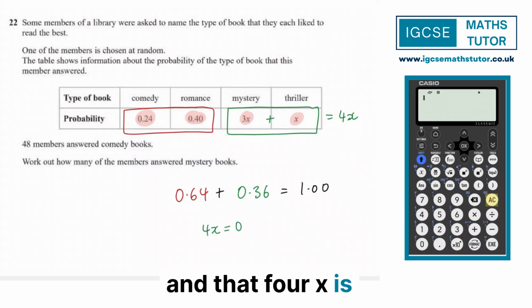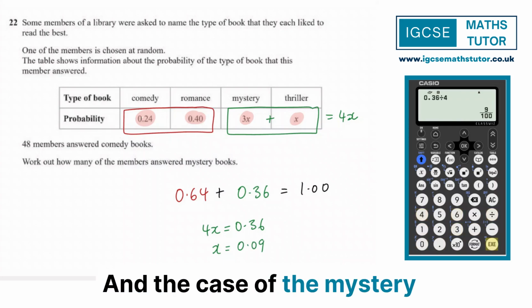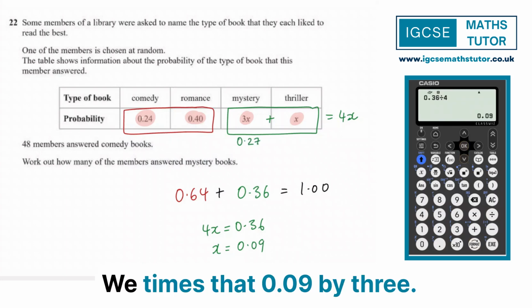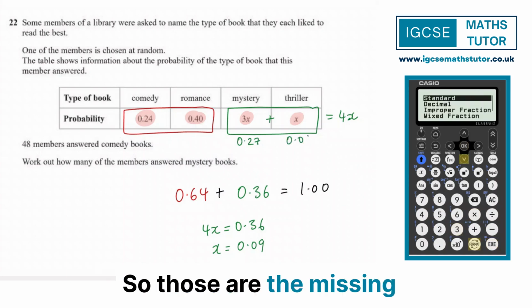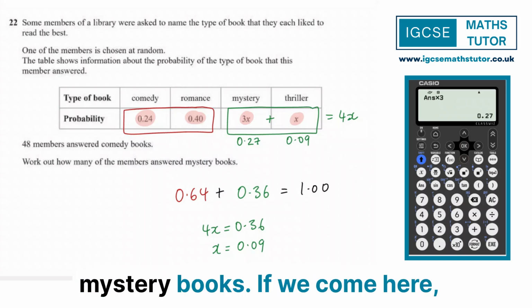And that 4x is equal to 0.36. So 1x is equal to 0.09. And in the case of the mystery book, 3x must be 0.27. We times that 0.09 by 3. So those are the missing probabilities. So 27% of the members liked mystery books.